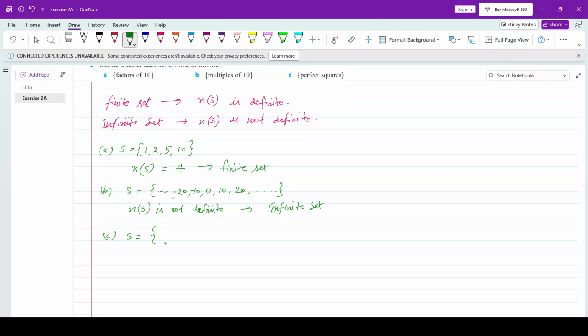So we know perfect squares start from 1, 4, 9, 16, 25, 36, and so on till infinity. Similarly, we can say the number of elements in this set is not definite. Therefore, it is an infinite set.